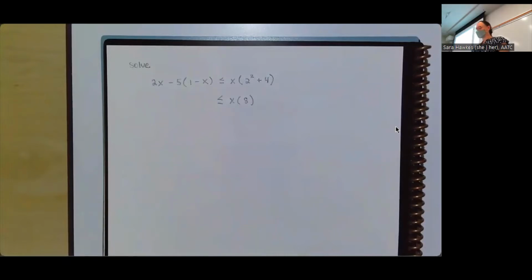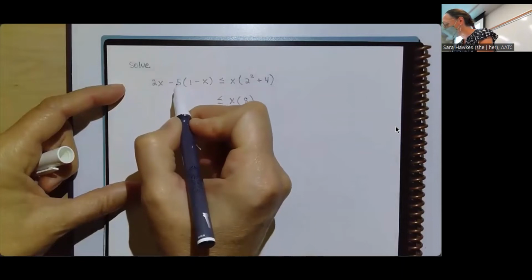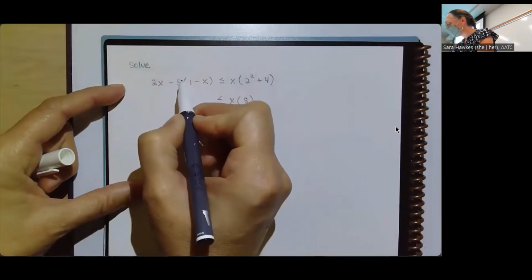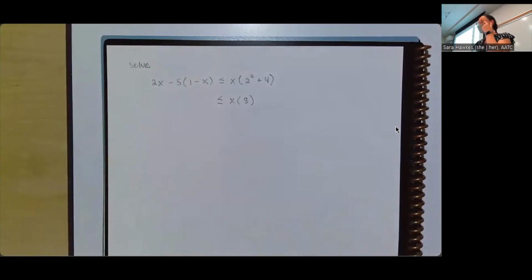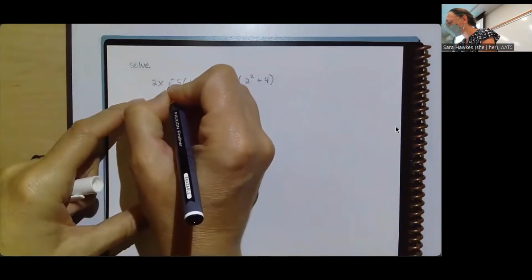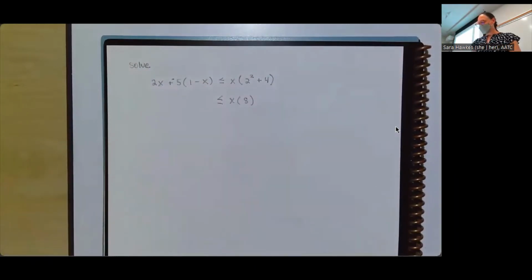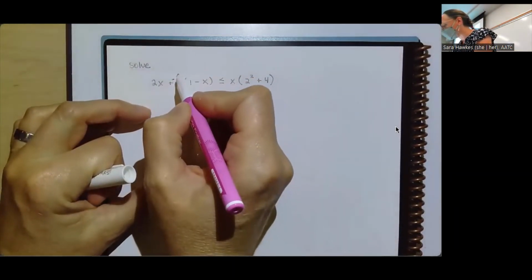On the left-hand side, I'm going to go ahead and distribute through this 5, but because it's negative, I'm going to choose to rewrite this as plus a negative 5, so that the thing that I'm distributing in is the negative 5.